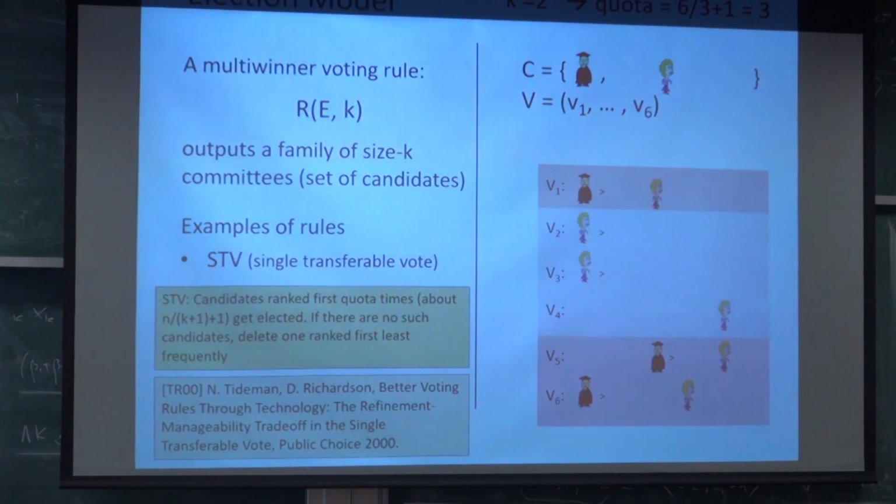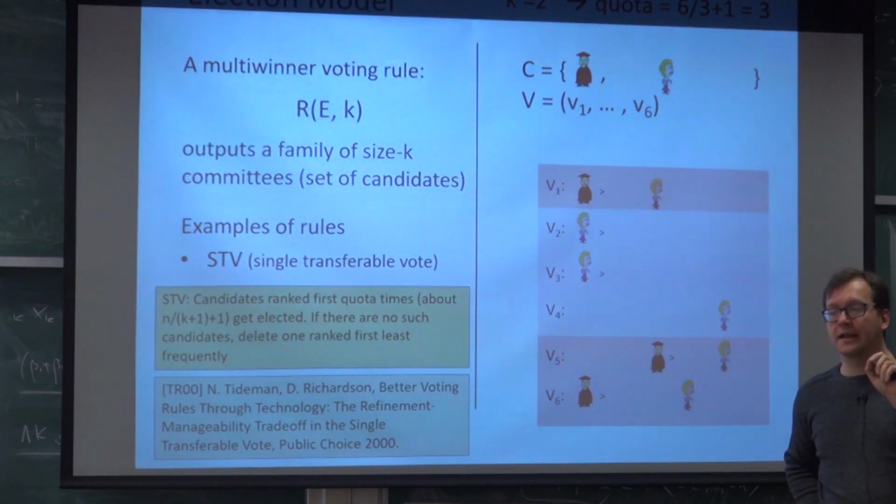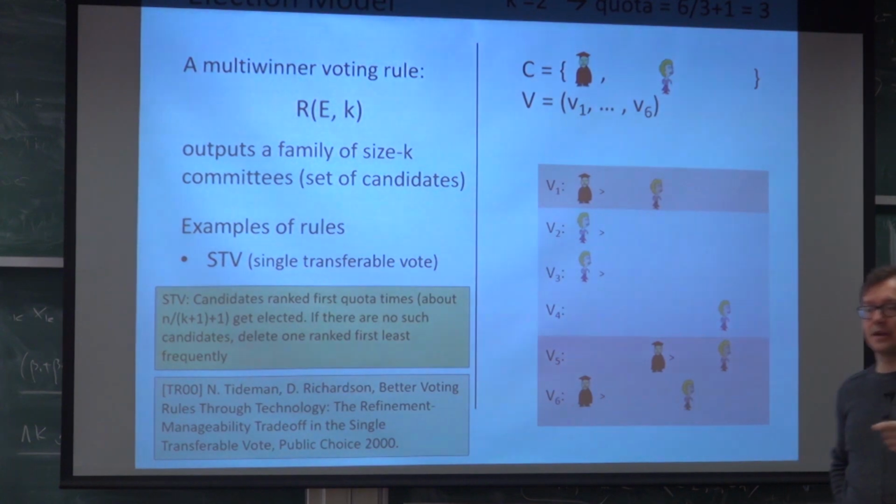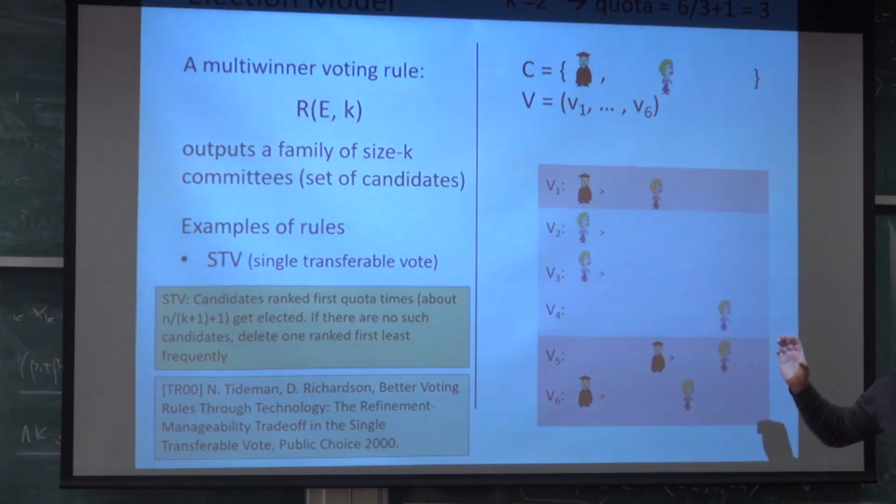There are also settings where, so this is a relatively complicated, actually STV is an extremely complicated rule if you actually want to describe it precisely. And there are really many implementations in the world, and many of them are studied. This is a relatively simple variant, but there's, for example, a variant where we assume that voters can be fractional. Initially every voter comes with a weight of 1.